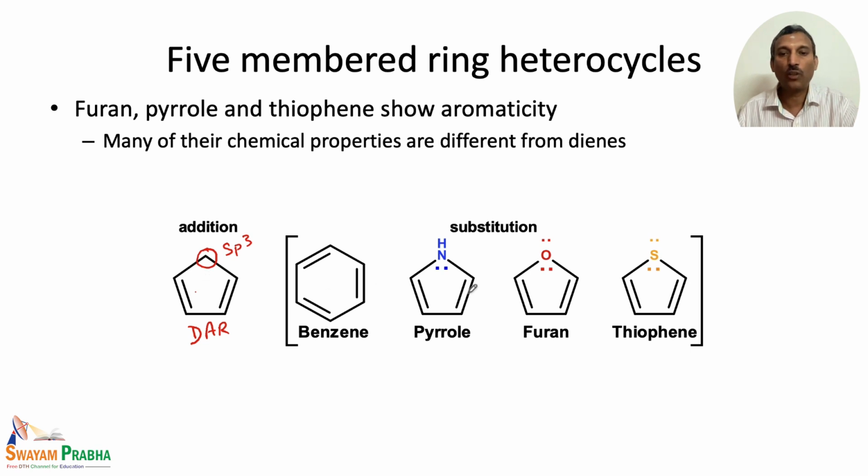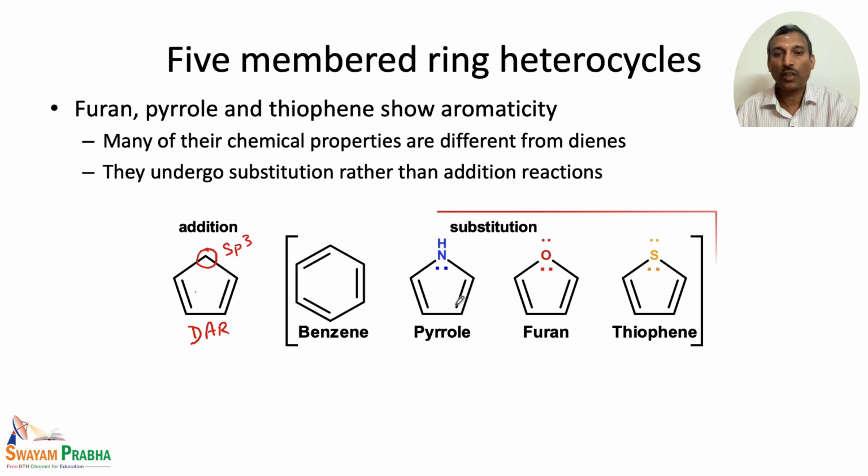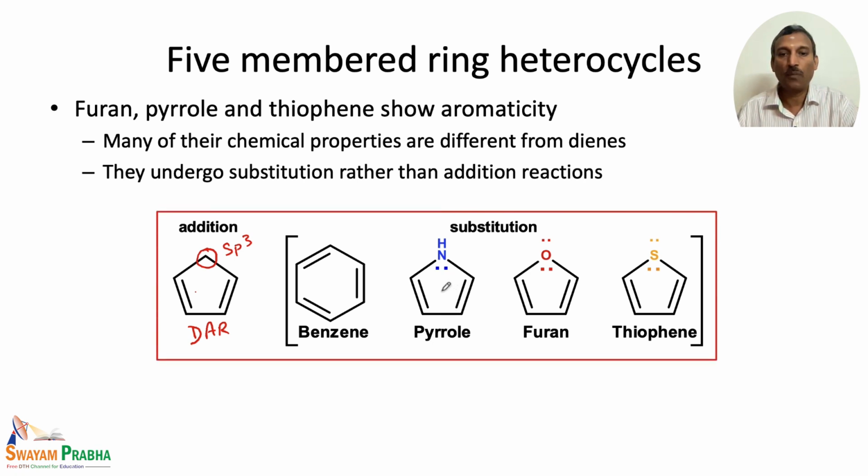All those things happen in the case of cyclopentadiene. But when we talk about heterocyclic compounds, especially the 5-membered pyrrole, furan and thiophene, they do not undergo addition reactions. That means these two double bonds do not behave like diene-type double bonds, but are involved in the aromatic ring formation.